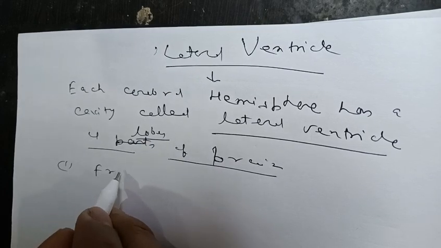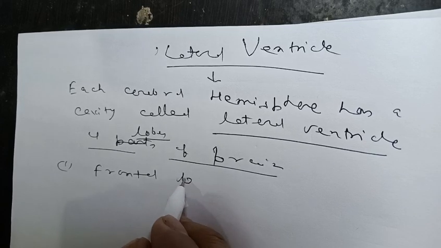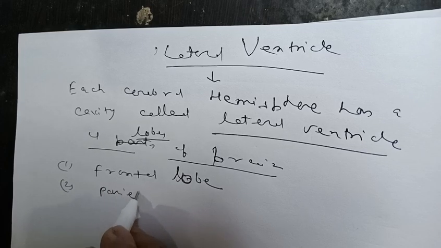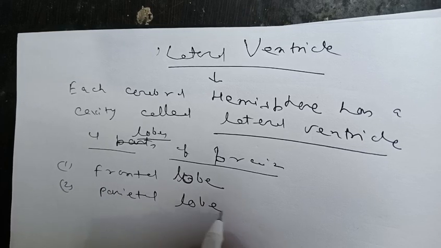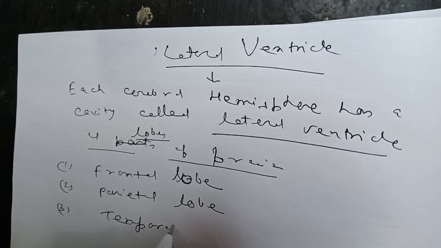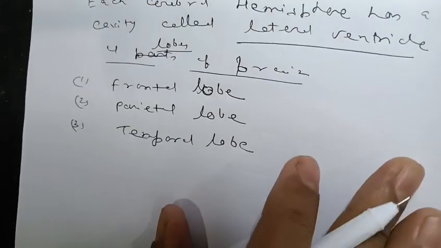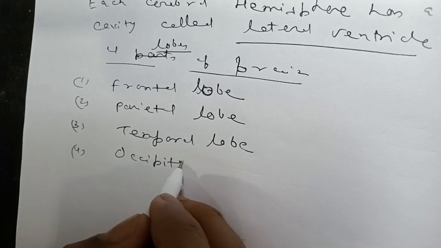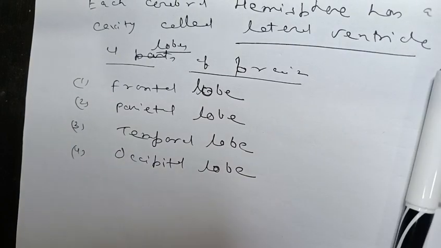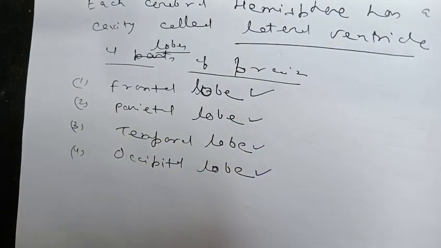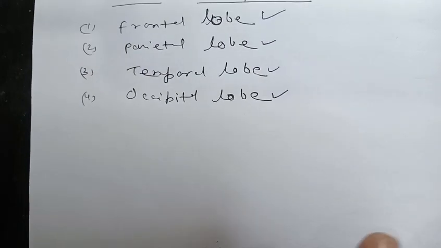First is the frontal lobe, second is the parietal lobe, third is the temporal lobe, and fourth is the occipital lobe.